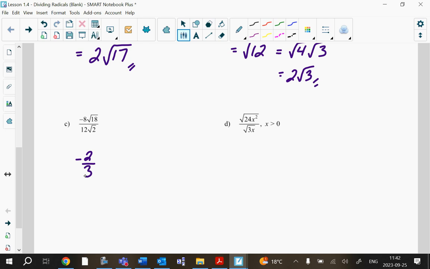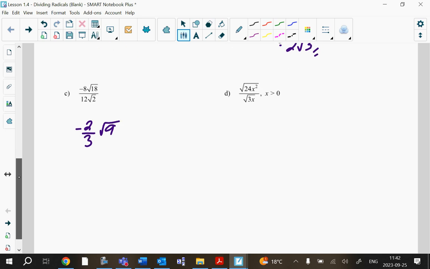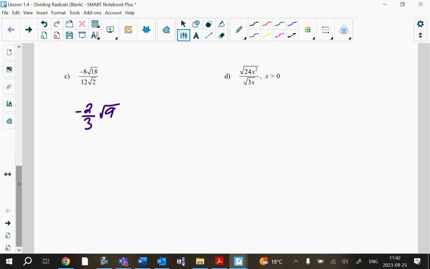We're going to times that by root 18 divided by root 2, root 9. Remember, those are getting multiplied. Can I go further? Yeah, isn't the square root of 9 3?